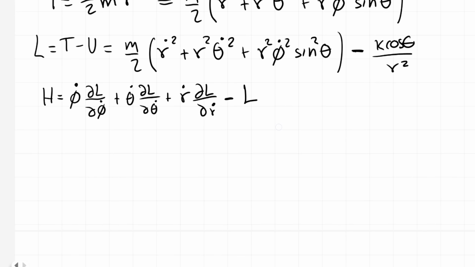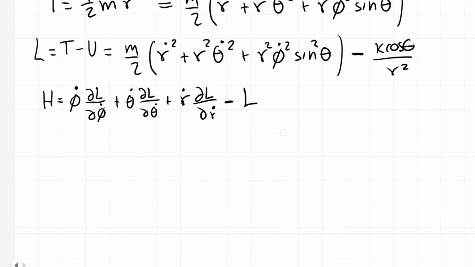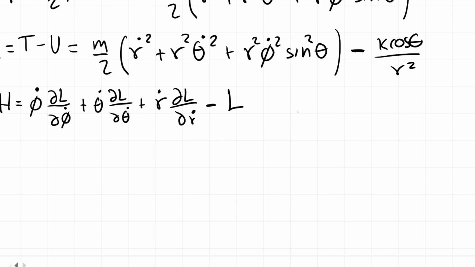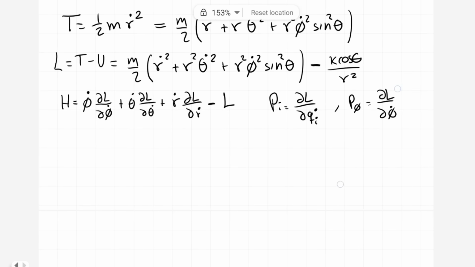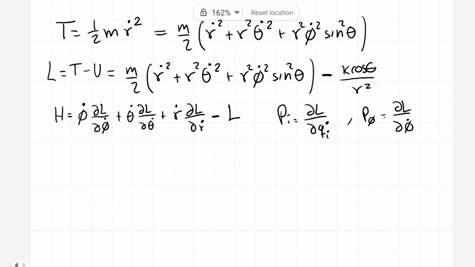Okay, where remember that we define some quantities named conjugate momenta, as p_i equals the derivative of the Lagrangian with respect to q_i dot. So for example, p phi will be the derivative of the Lagrangian with respect to phi dot. Okay, so we need to find those quantities. First of all, p phi will be, what will that be?